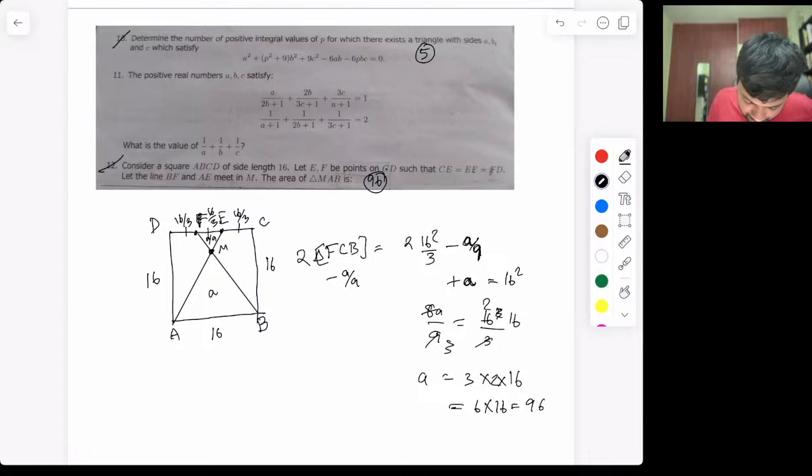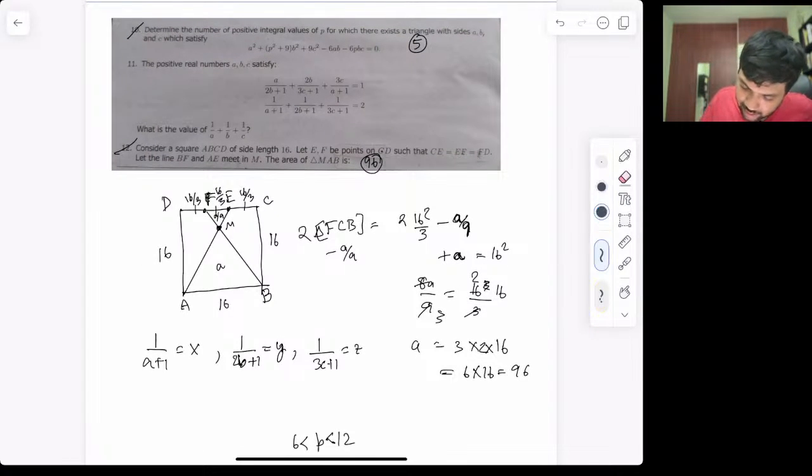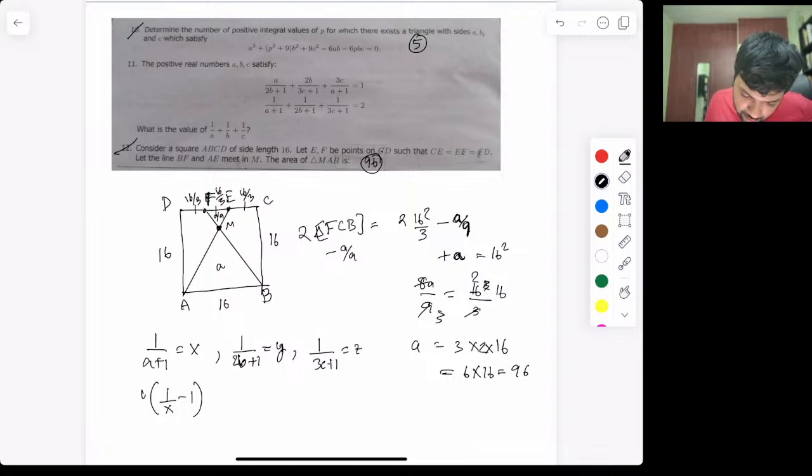X is 1 by A plus 1, let me try 2B plus 1 is Y, and 1 by 3C plus 1 is Z or something, and basically I'm guessing, let's see, 1 by X minus 1 into 2B plus 1, which is Y, plus the first equation I'm writing now, 1 by 3C plus 1 is Z into 2B, which is 1 by Y minus 1.